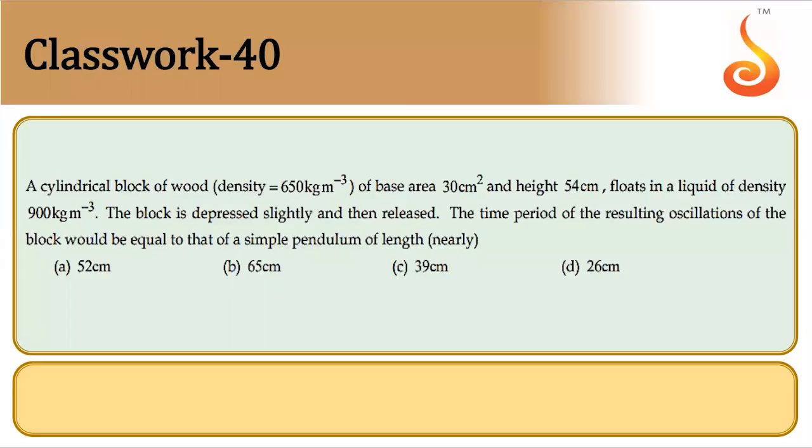Yes, hope you have taken this. See, initially, when it is floating, weight should be balanced by upthrust. So this mg is, let us say rho is the density of the solid, rho Vg, that should be equal to, or I'll write it as volume, density into area into length into g.